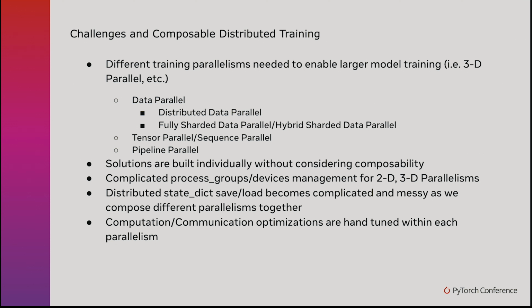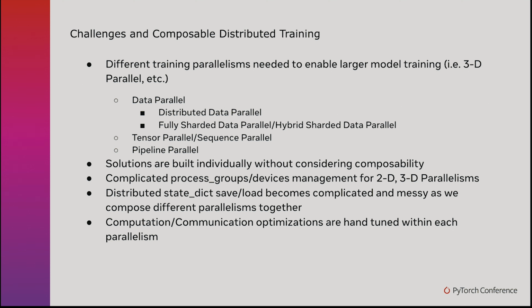Also, when it comes to, like I said, 2D and 3D parallelism, the state and process group management becomes very complicated. I think Iris is going to talk about how we handle this state and checkpointing in a more uniform way.